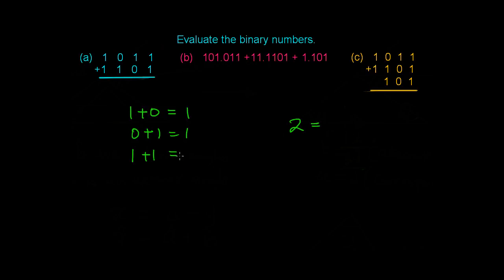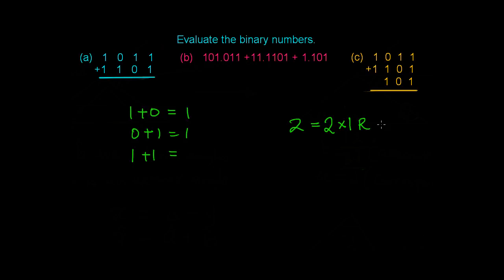Now since we are adding this in base 2, you say, okay, what number can I multiply with the base 2 to give me 2 as my final result? The only number we can multiply with 2 to give us 2 is 1. So 2 times 1 here will give us 2.